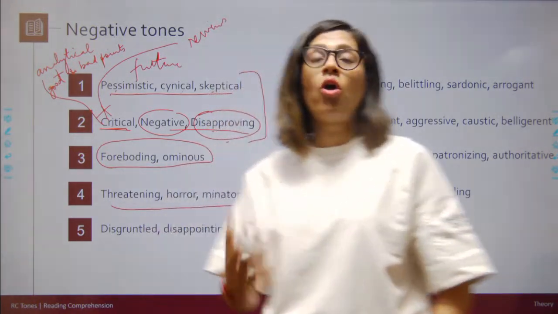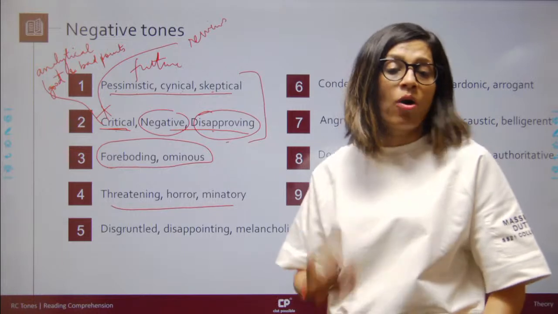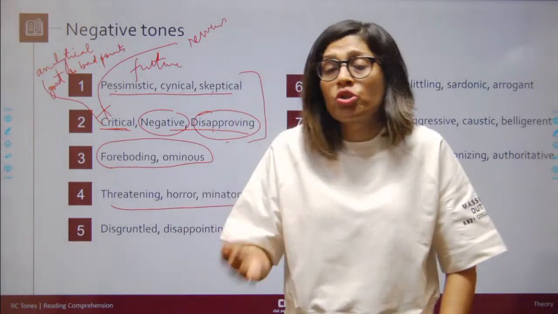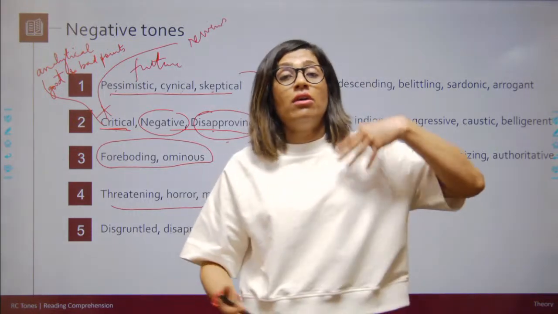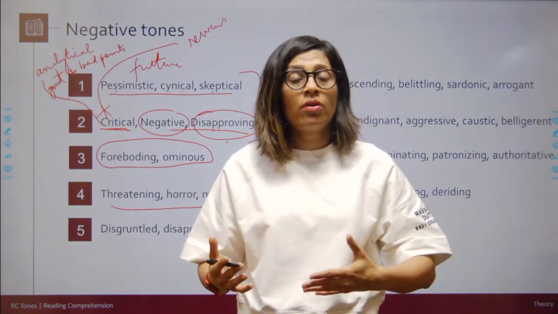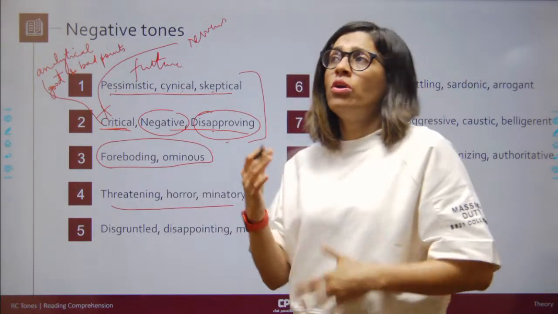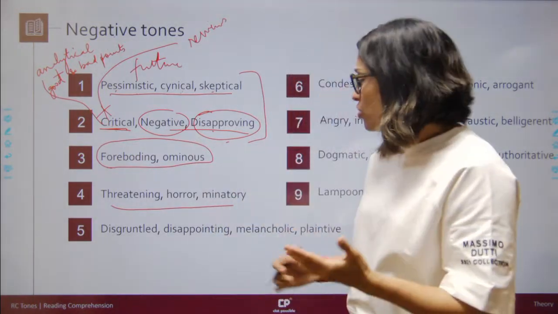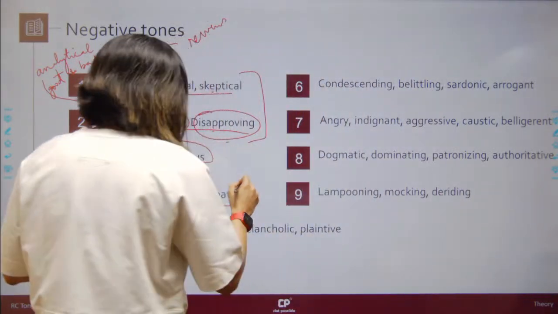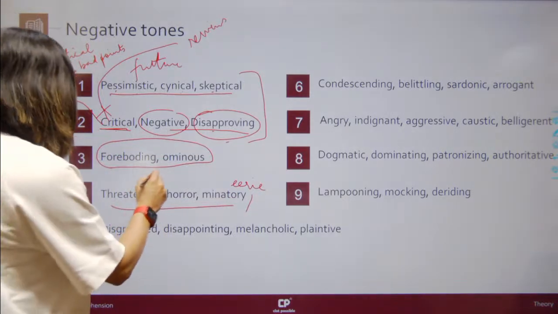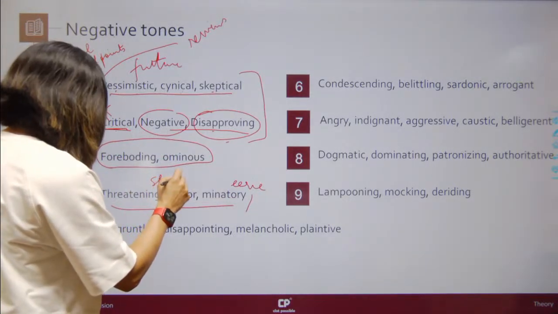So that is horror or threatening or minatory. Since sometimes in your exams you get literature text, if it is a horror or a story where it's describing eerie, there was once we gave the tone eerie, spooky. Spooky also I think is there in one of our mocks.